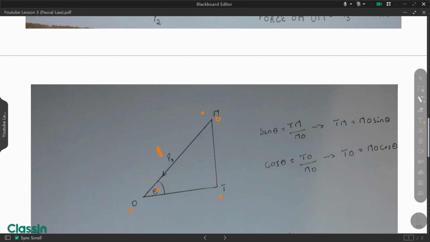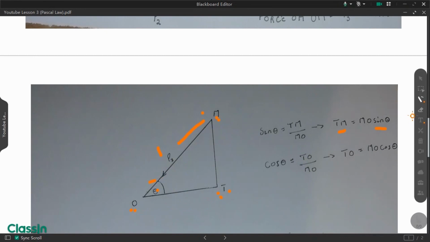Our opposite length is MT, or TM here, over MO, which is this length. So TM is equal to MO sine theta. This is our vertical component of that force. Now for our horizontal component, we know cosine is equal to adjacent over hypotenuse. So adjacent is TO divided by MO.